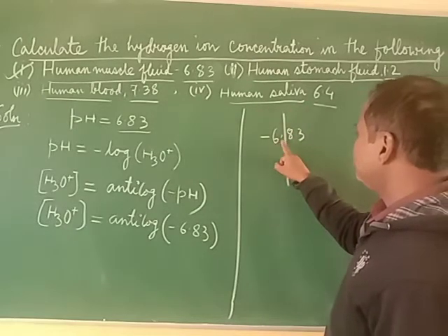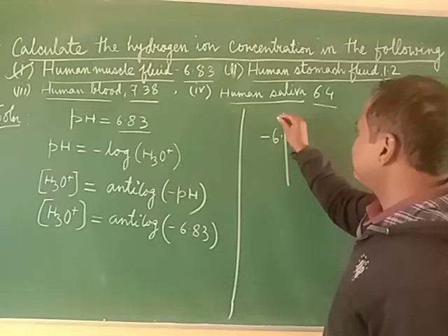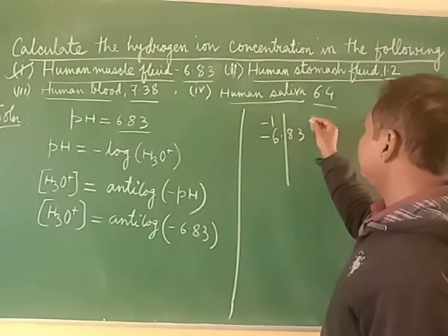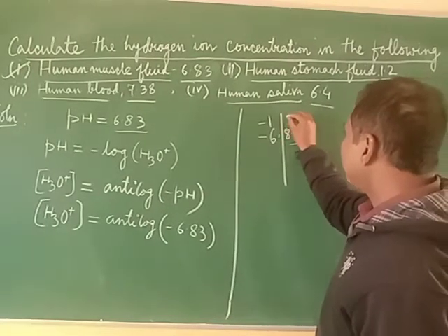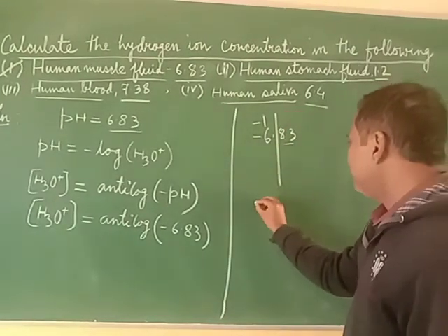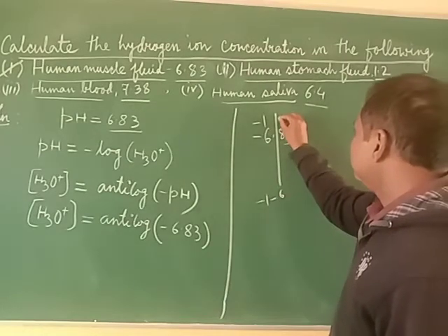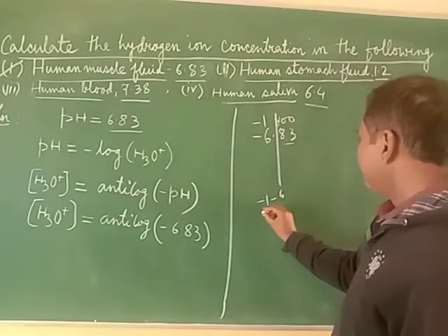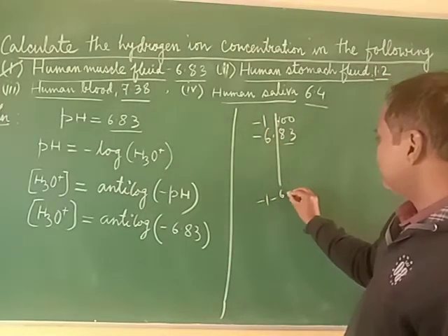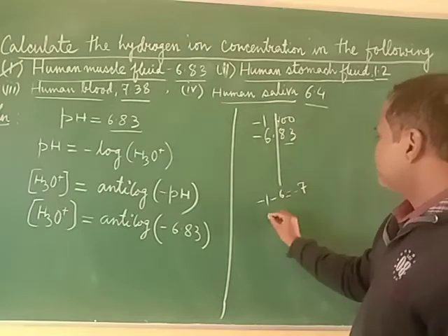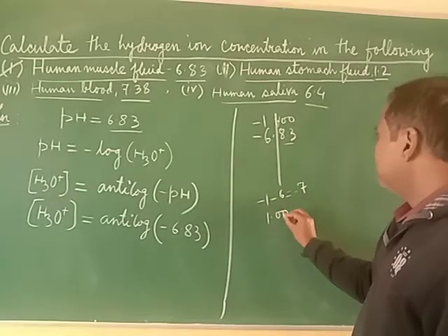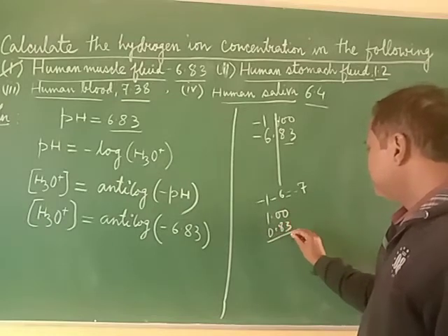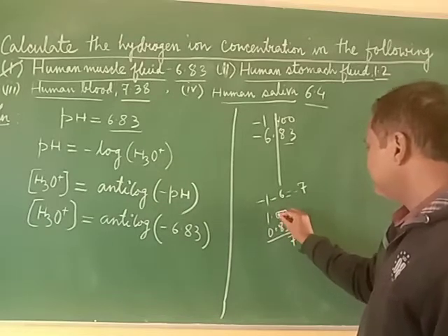To the number which is on the left hand side of the decimal, you add minus 1, and the number which is after the decimal, you subtract from 1. So if we add minus 1 to minus 6, we get minus 7, and if we subtract 0.83 from 1.00, this is 7, this is 0.17.